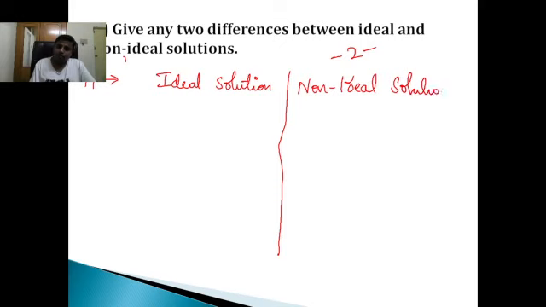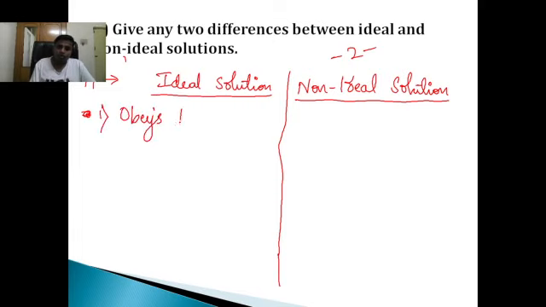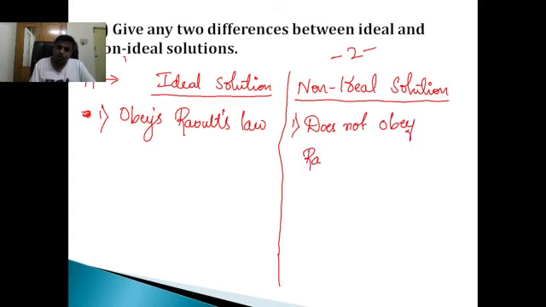Ideal solution we know obeys Raoult's law, whereas non-ideal solution does not obey Raoult's law.